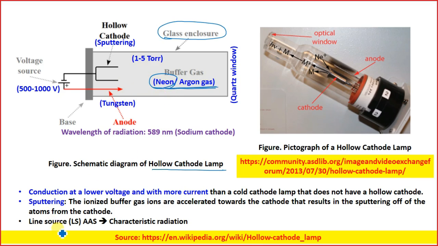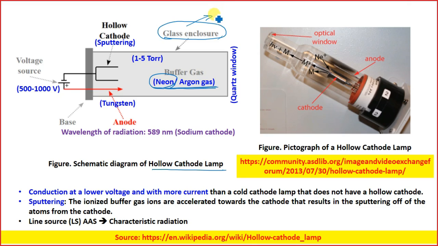Neon gas. Now over here you have the glass enclosure, and we have seen that the glass is optically transparent only in the visible region, and it is not transparent in the UV.